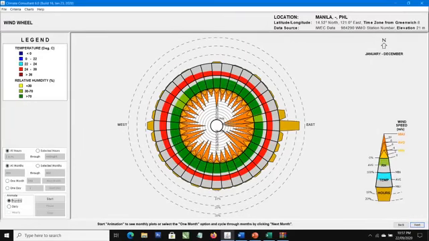Okay, so when you graph those wind velocities and direction, you create a wind wheel. So the wind wheel basically tells you the direction of the wind, and also the intensity of the wind, which is speed in meters per second. This is an example again for Manila.